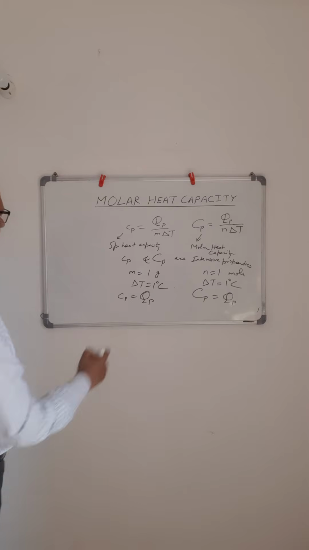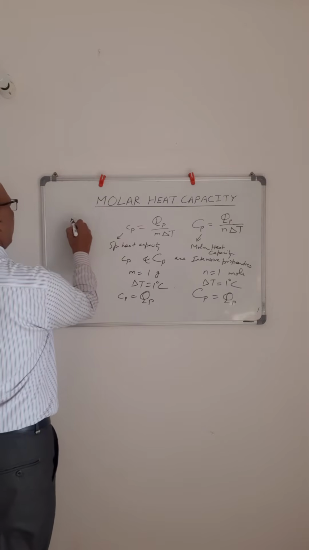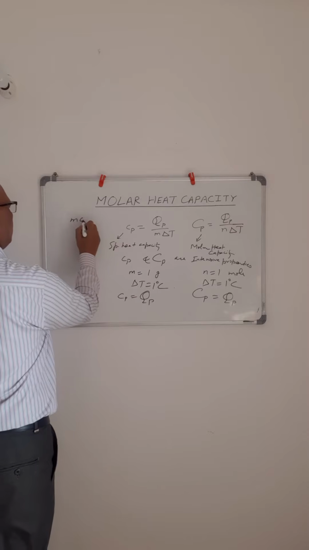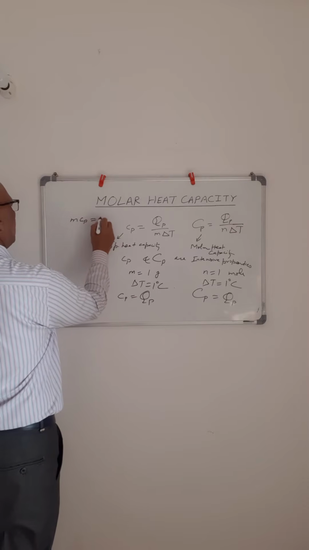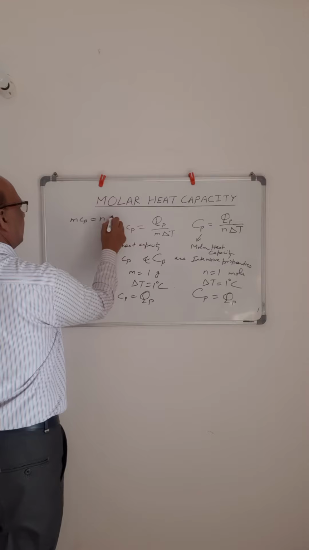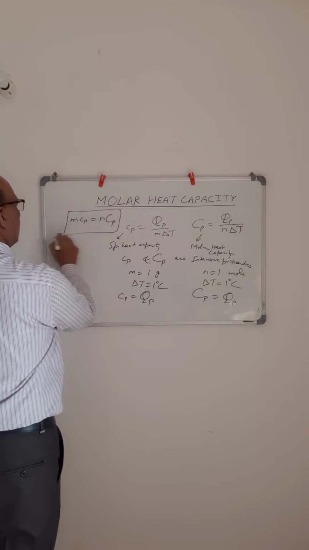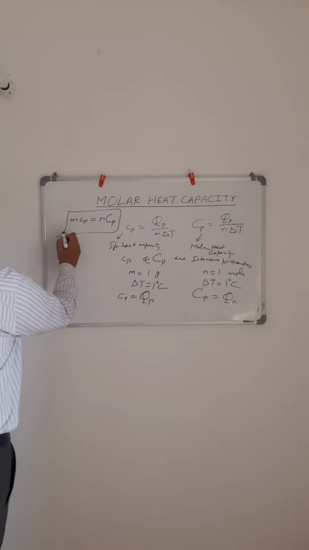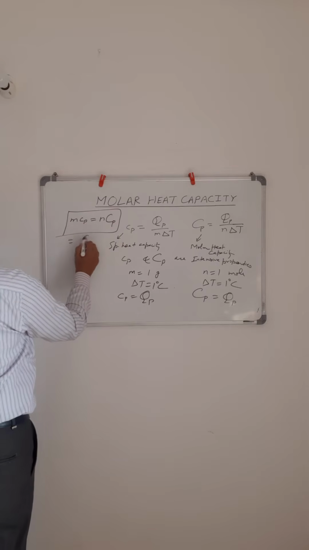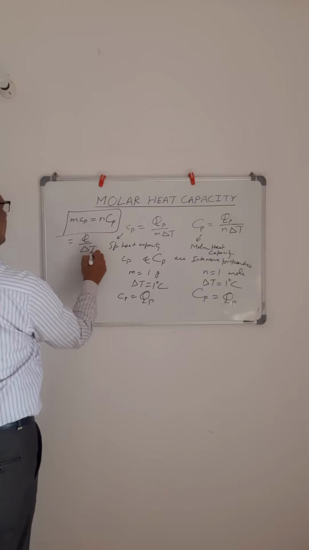So we can write that m into small cp equal to number of moles multiplied by capital Cp. Okay, because they are both equal to Q upon delta T.